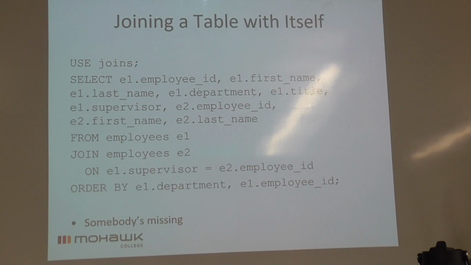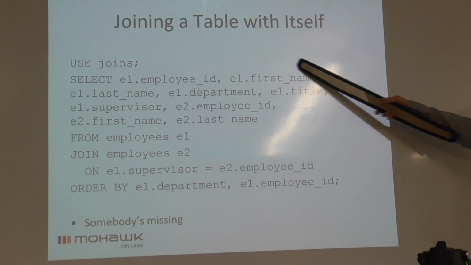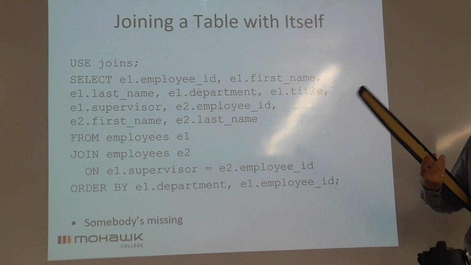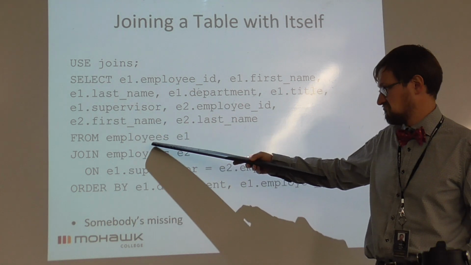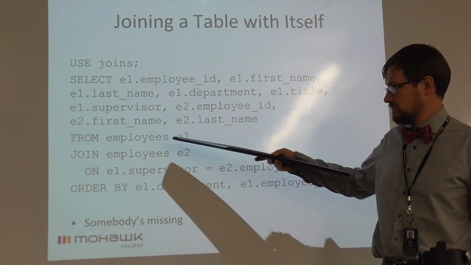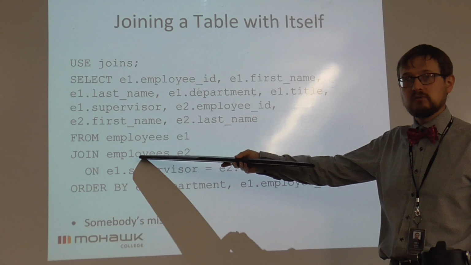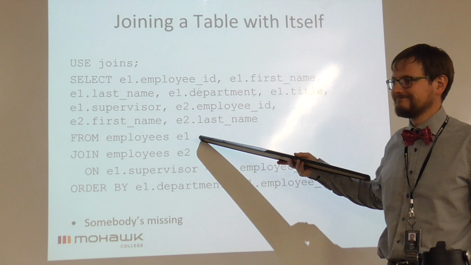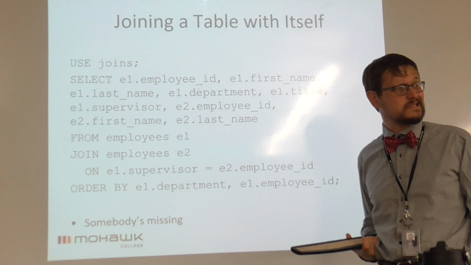If you want a view that says here's the person's name, here's their supervisor, you need to join the table to itself. This is fine and easy. All you do is from table E1, join same table E2. Give them different names though, otherwise most likely a syntax error.